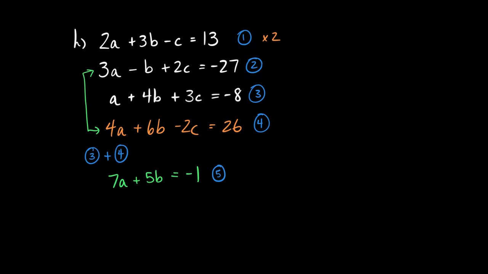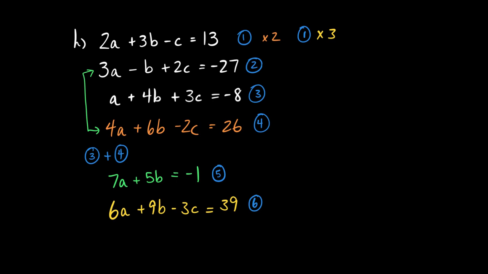So what I now need to do is I need to take equation 1 and I need to multiply that by 3. That's going to build a new equation, and it's coming in right down below. So let's take equation 1 and multiply it by 3. That's going to get me a 6a plus a 9b minus 3c equals 39. Yikes. That is now equation 6.